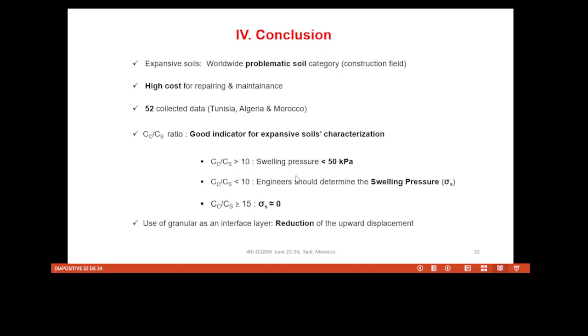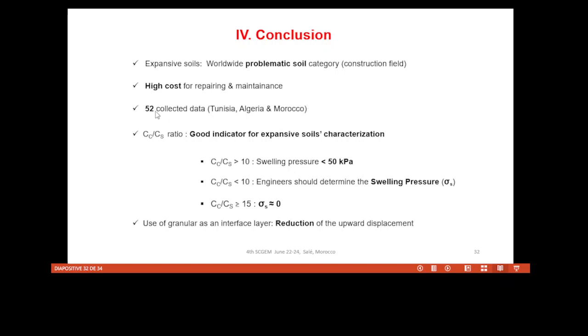As a conclusion, expansive soils are a worldwide problematic soil category in the construction field in general. They have the disadvantage of a high cost for repair and maintenance.